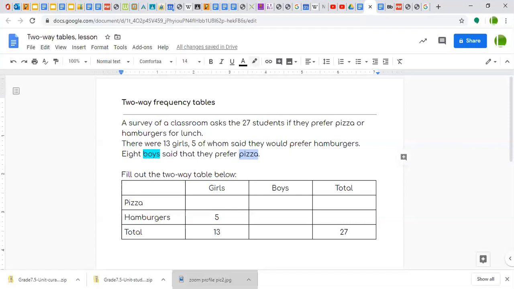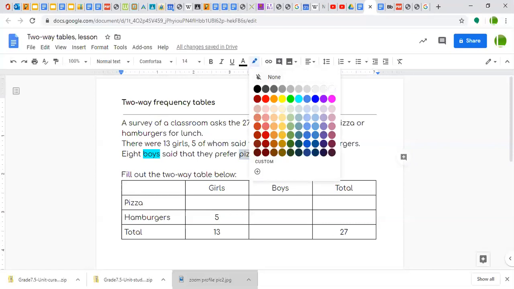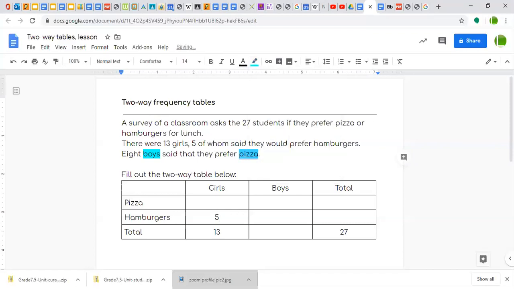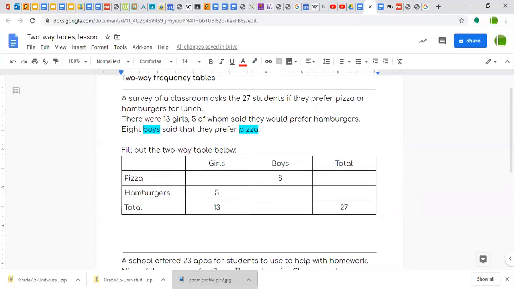This is important because when we talk about things in math, 2 things happening at the same time is an important thing. So I now know I have a very specific spot on this frequency table to put the number 8: 8 boys and pizza at the same time. So the 8 is going to go right here.